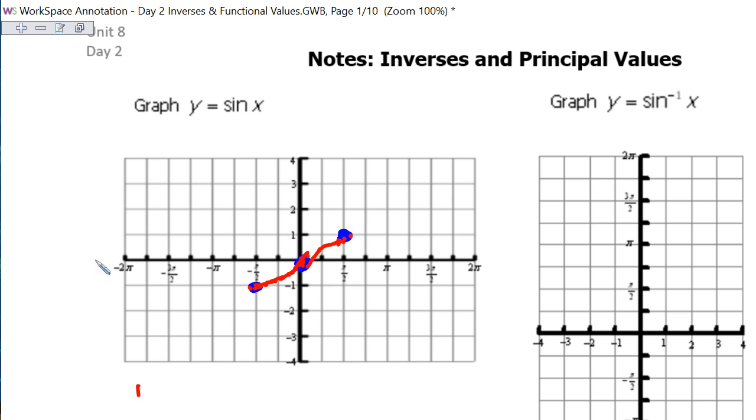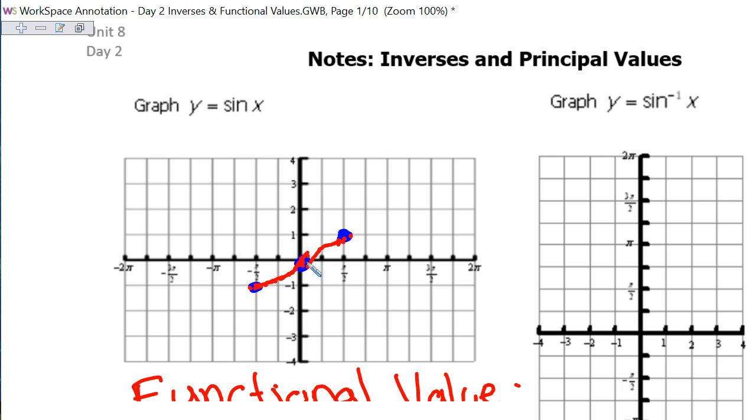And these are called the functional values for the sine parent function. Make sure you write these down. And the boundaries that mark where the inverse would be functional would be from negative pi over 2 to positive pi over 2.